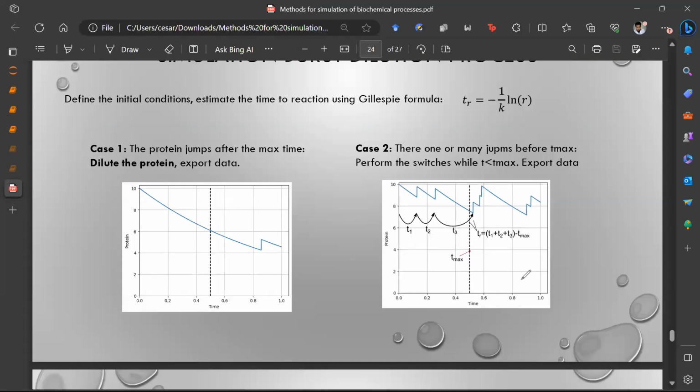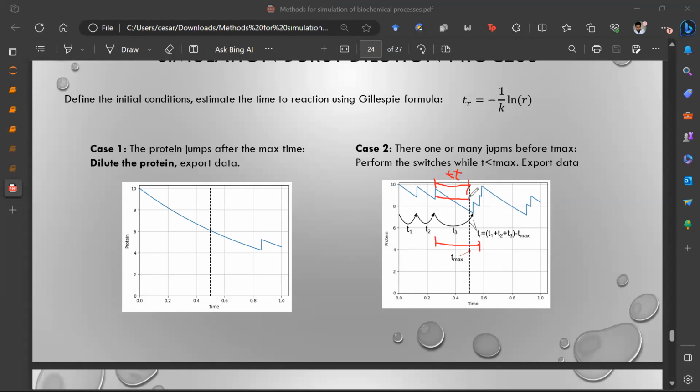That means in this case, no? So here in the slash reaction, this next time to reaction was greater than Tmax. So what I did was calculate this T, that was my TT here, that is essentially Tmax minus T1 minus T2.